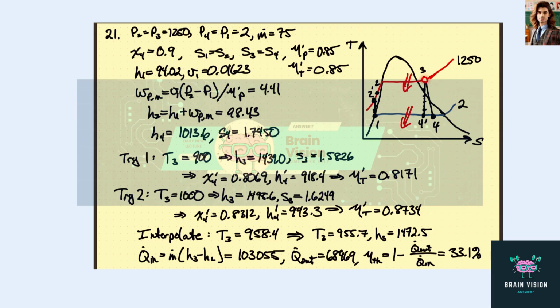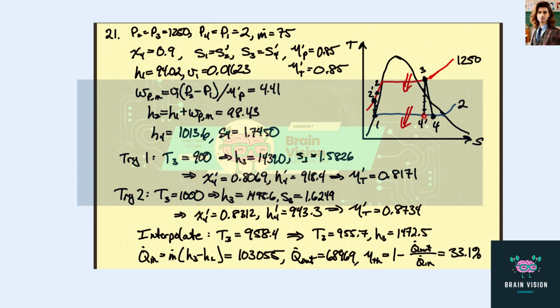If we know T3, we know P3, that will give us an H3 and an S3, which then we can use to figure out where this point would be, because S4 prime is S3. Let's say that we have S2 prime equals S1 and S4 prime equals S3.